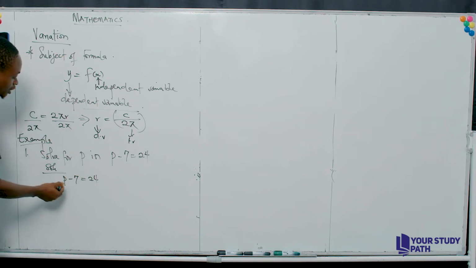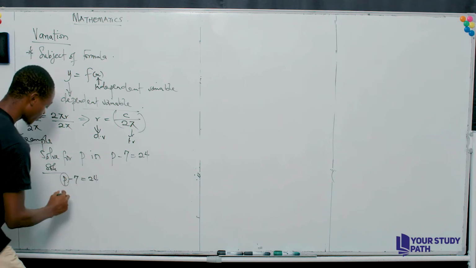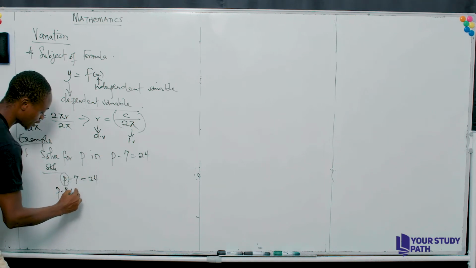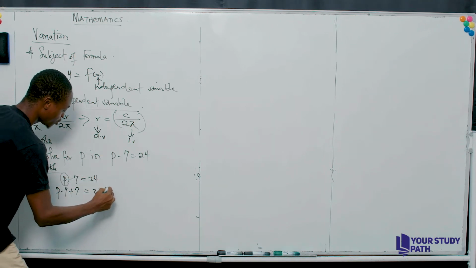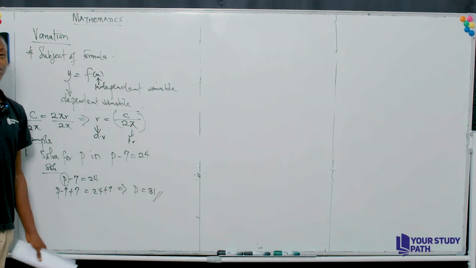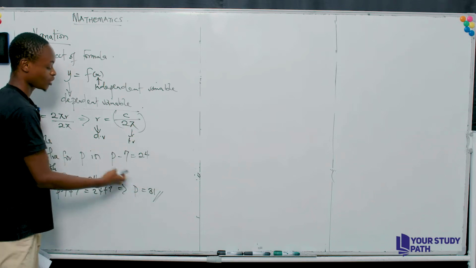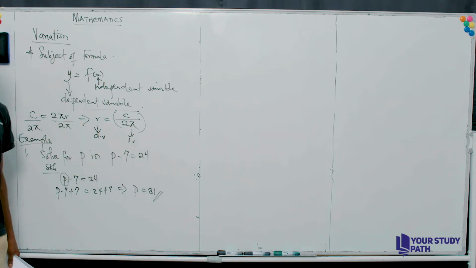Our goal is to isolate p, so it means that we have to get rid of this minus 7. If we add 7 to both sides, we are simply going to have that p is equal to 31. Simple and short. We have made p the subject of the formula. So in this case, you can easily say that we are evaluating p.